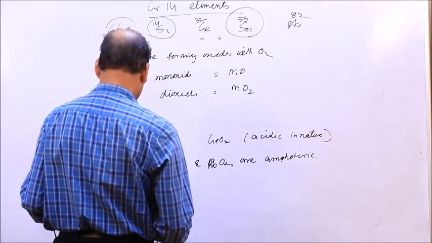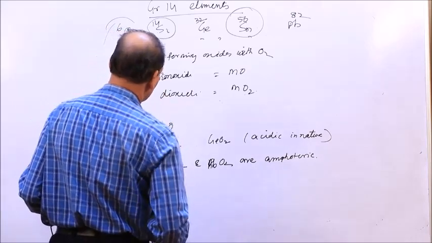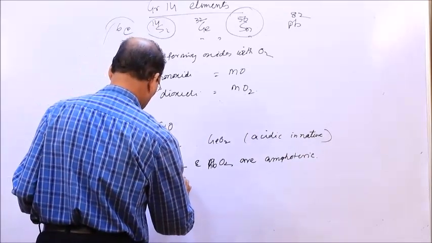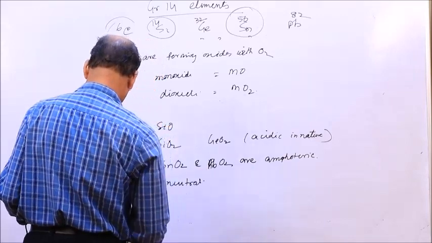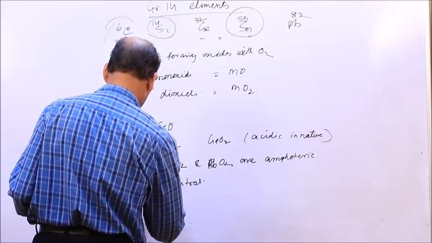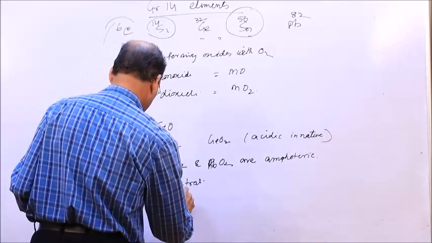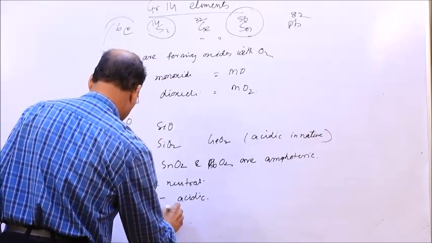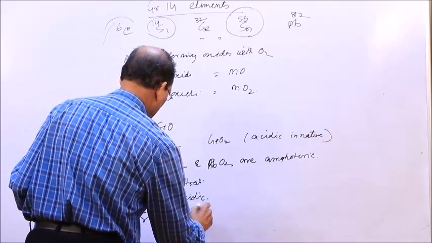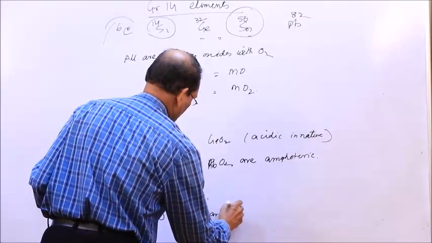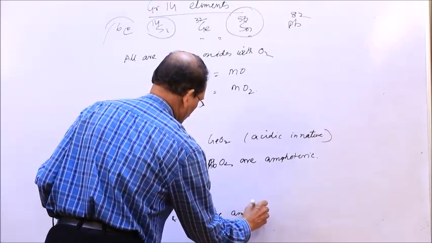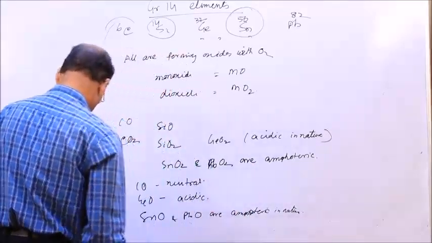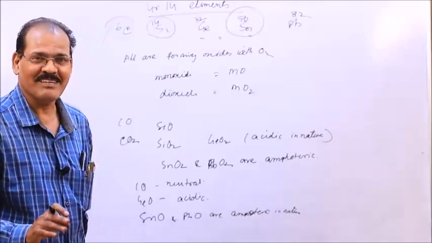Carbon dioxide is acidic; among the monoxides, carbon monoxide is neutral, and germanium oxide is acidic, whereas tin oxide and lead oxide are amphoteric in nature.